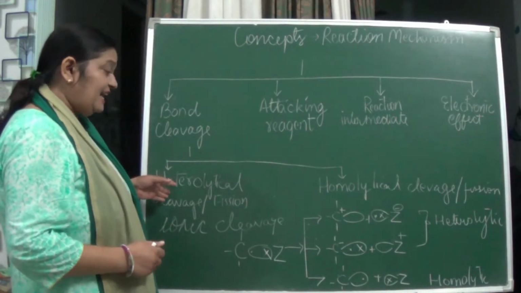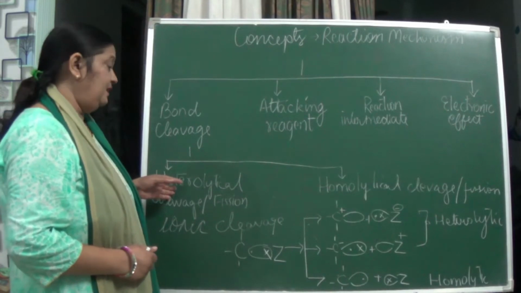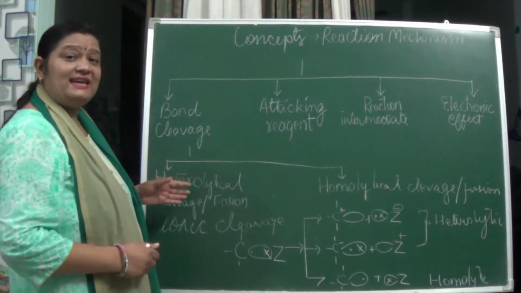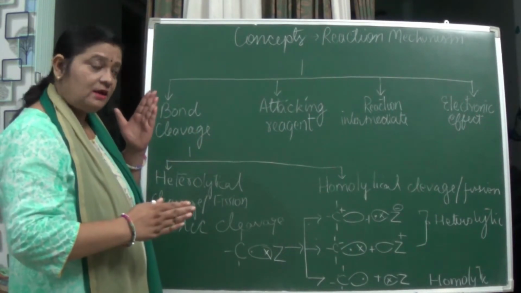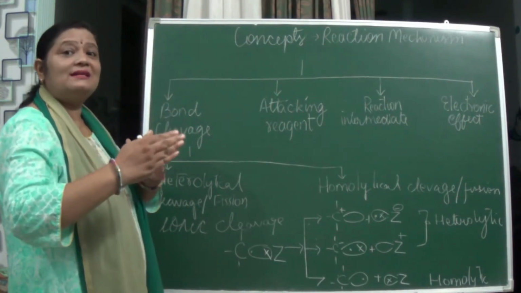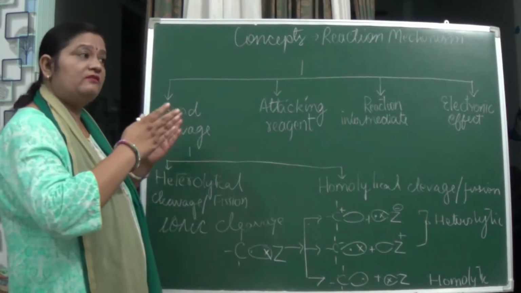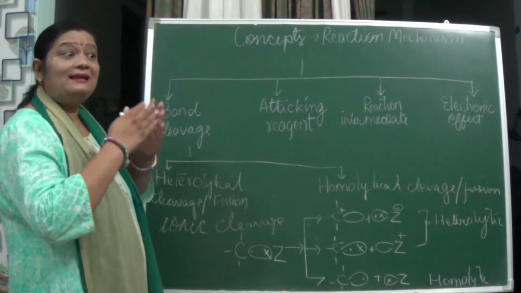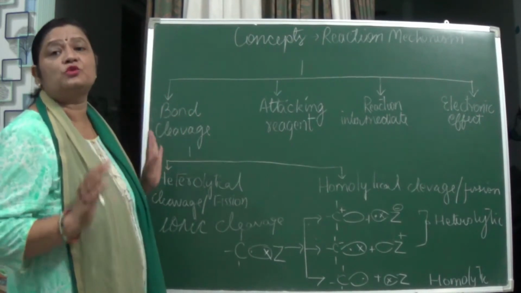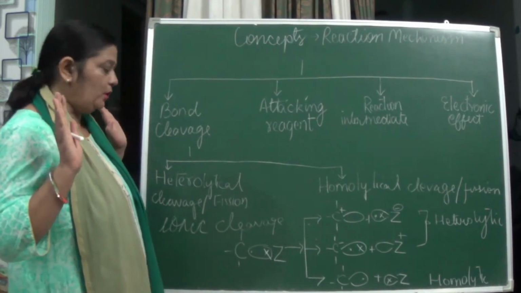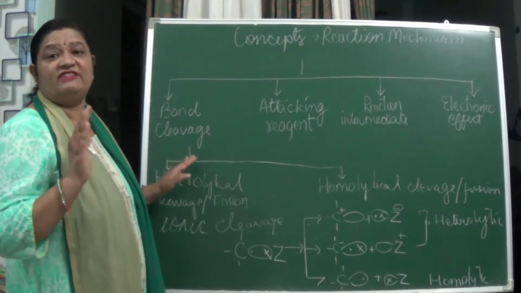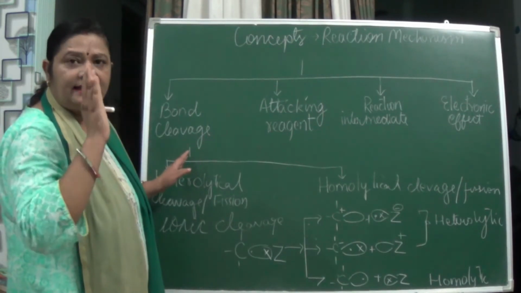So in heterolytical cleavage, when the bond breaks, one of the fragments will consist of more electrons, the other will consist of less, or the distribution of electrons will be different. And this type of cleavage is known as ionic cleavage.